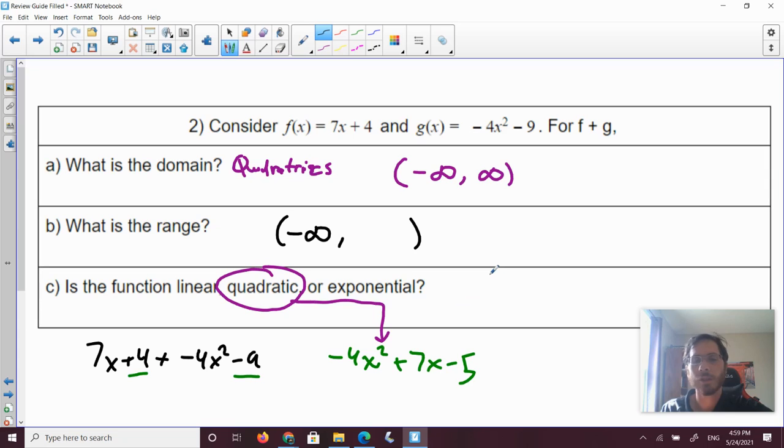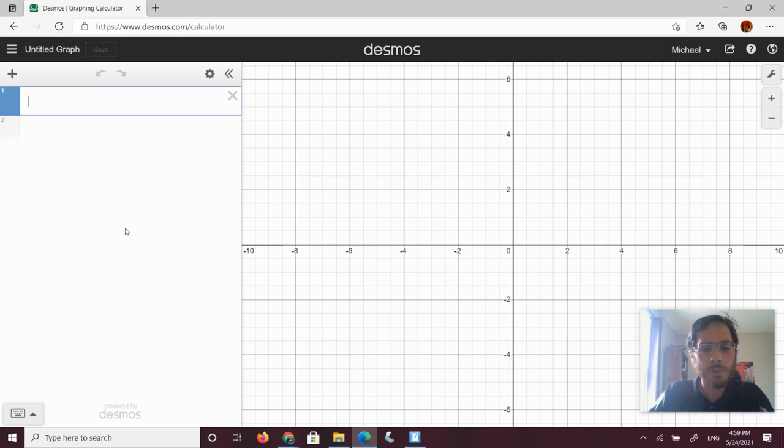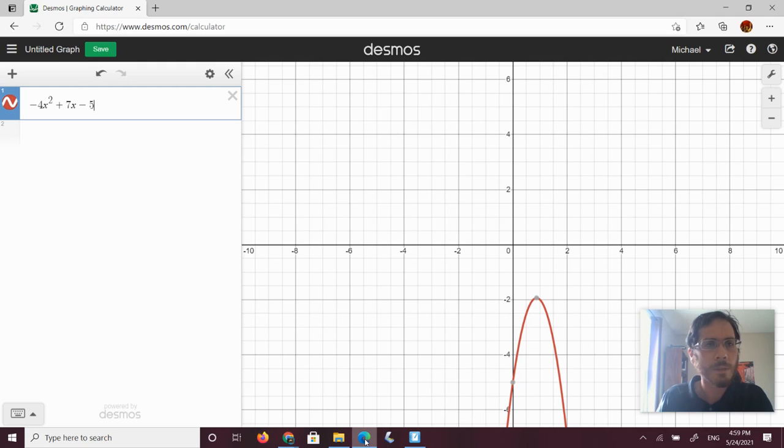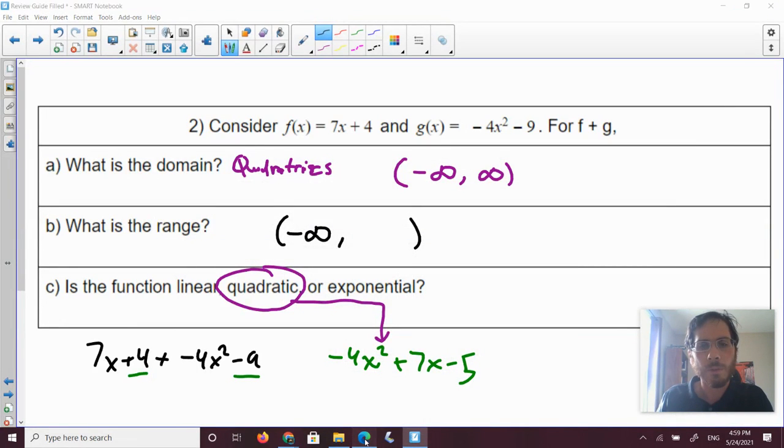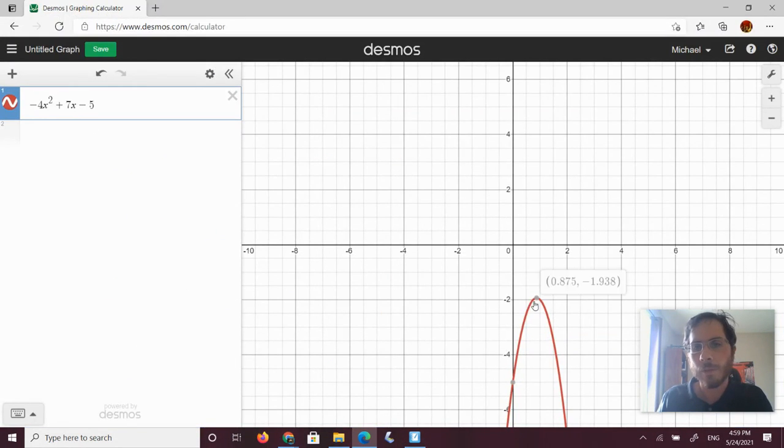It doesn't really look like there's a good way to get the vertex using the vertex equation because I need the y coordinate. So I'm going to go ahead and graph this. I'm going to do negative 4x squared plus 7x minus 5. Is that correct? Negative 4x squared plus 7x minus 5. Perfect. And I can see it's not even a very good value for the vertex.